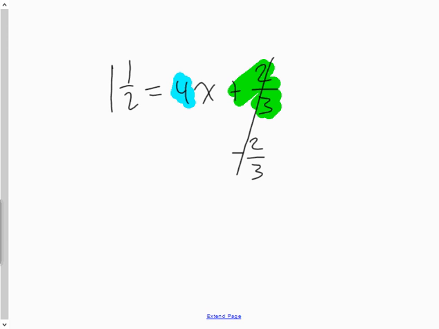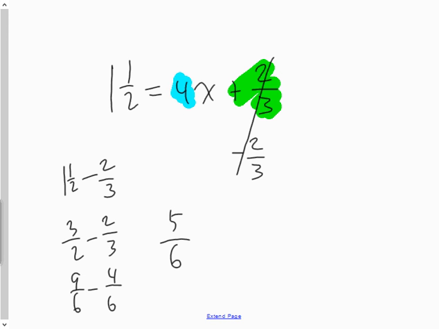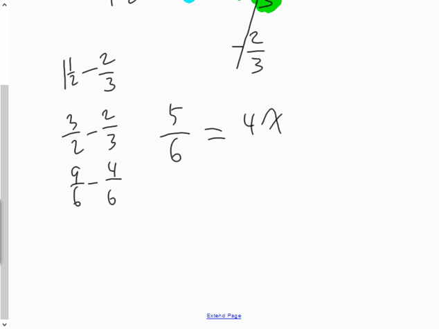Because I have to subtract 2/3 from the other side, I'm going to write 1/2 subtract 2/3, or 3 over 2 subtract 2/3, or common denominator 9/6 take away 4/6, which a very smart student will tell you is 5/6. So 5/6 is left over there, and 4x is left over here. When you subtract 2/3 from both sides, that's what you get.